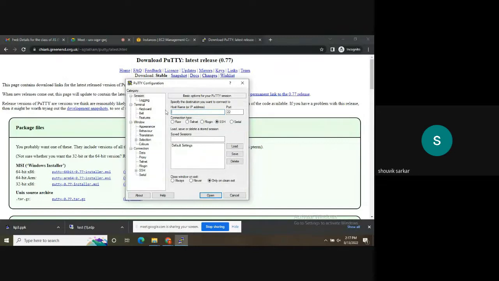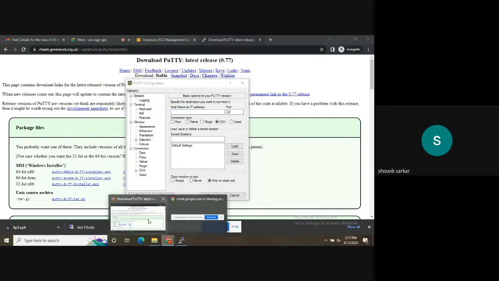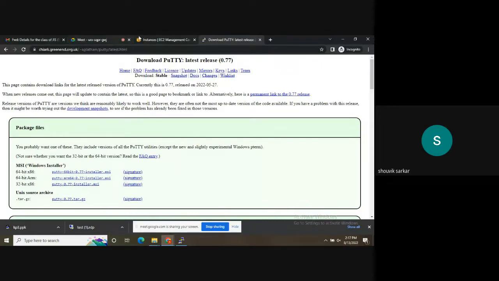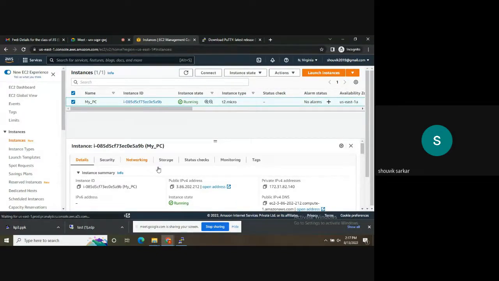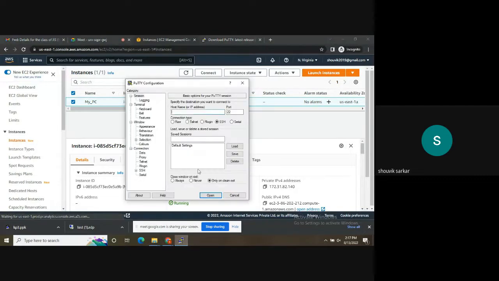Now here you need to paste the IP address. We need to go to the instance again and select this one. This time we use this public IP address and put it here.